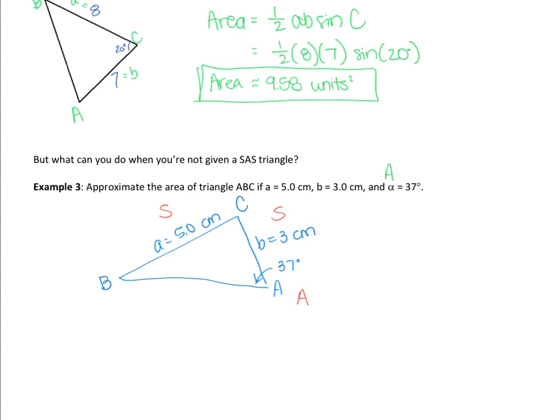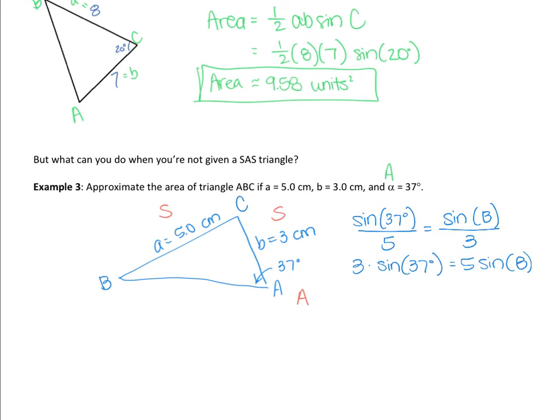All right, so using law of sines, sine of angle A, which is 37 degrees, over side A equals sine of angle B, which is what we're going to solve for, over side B. So you can cross multiply there, and you get 3 times sine of 37 degrees equals 5 times sine of B, which means sine of B has to equal 3 times sine of 37 degrees over 5.